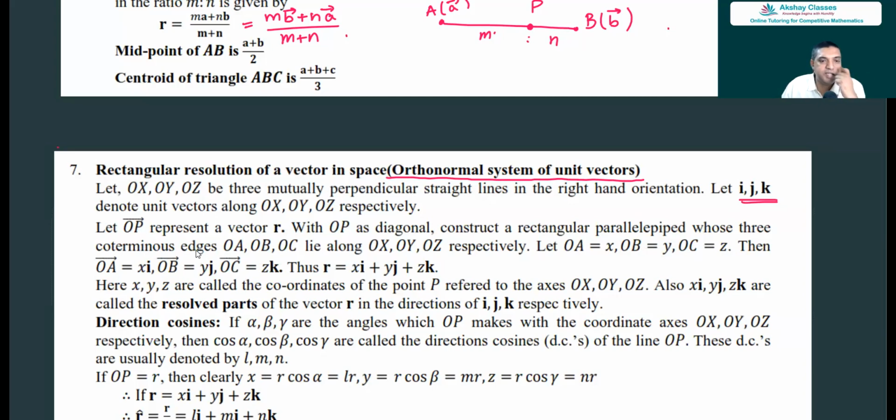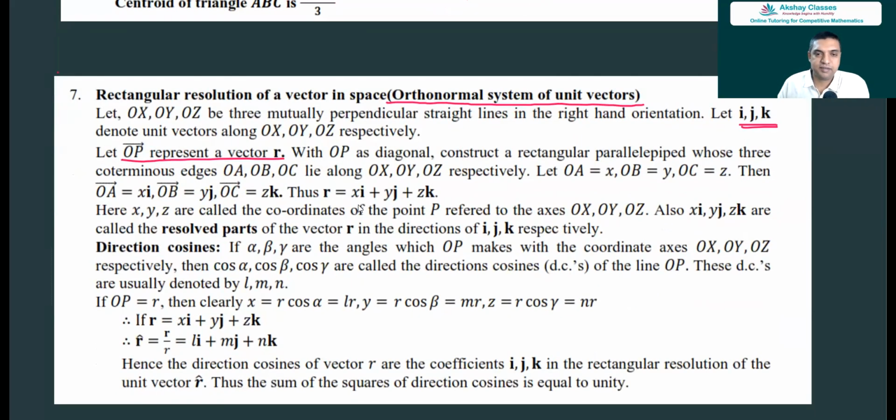These are unit vectors along the positive x-axis, positive y-axis, and positive z-axis. So any vector OP can be written as a linear combination of I, j, k.